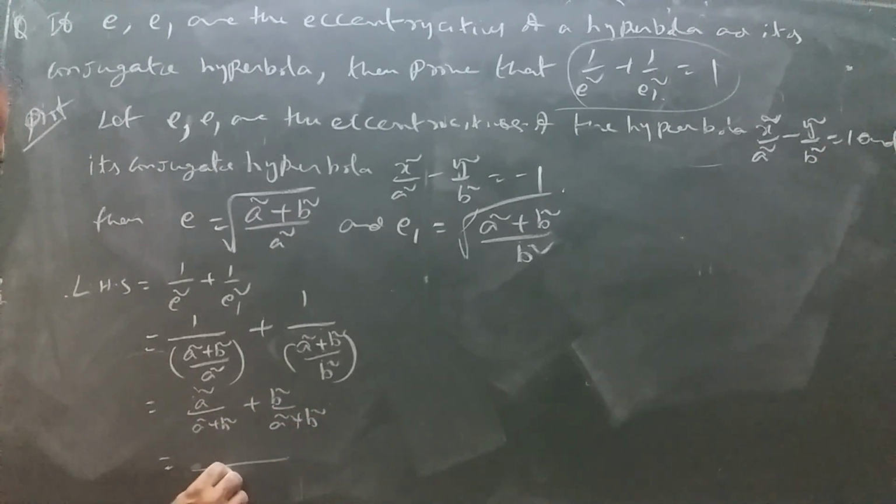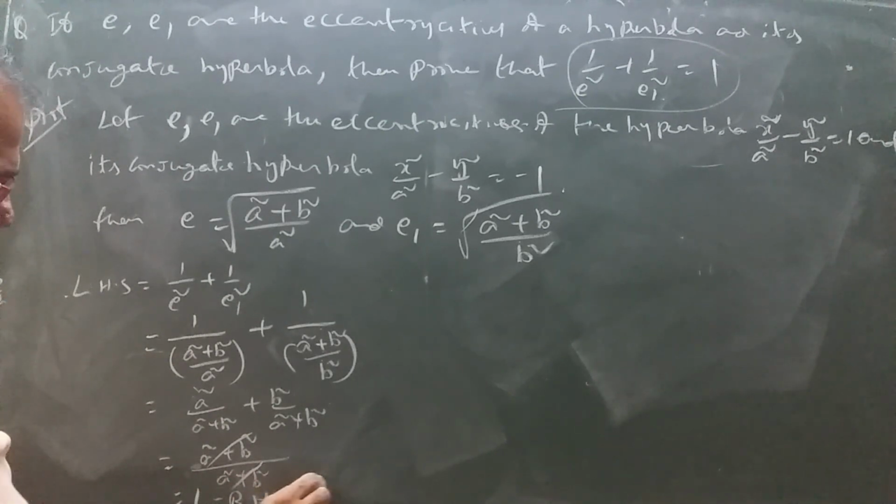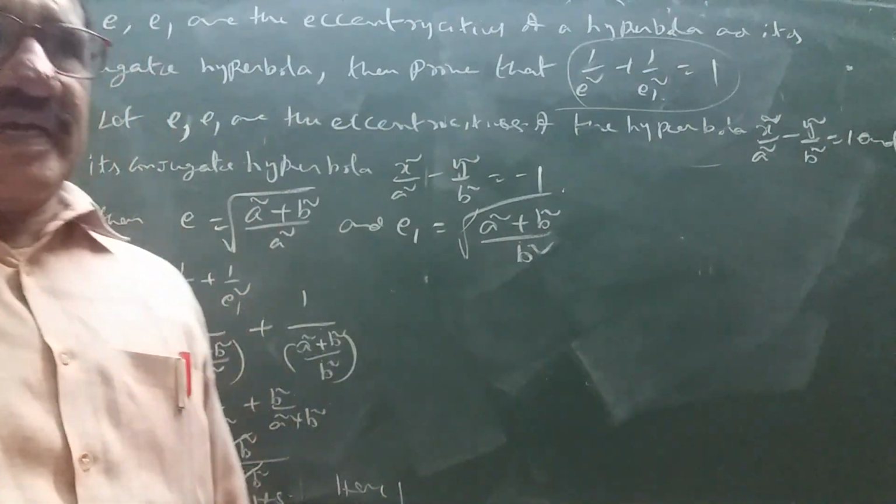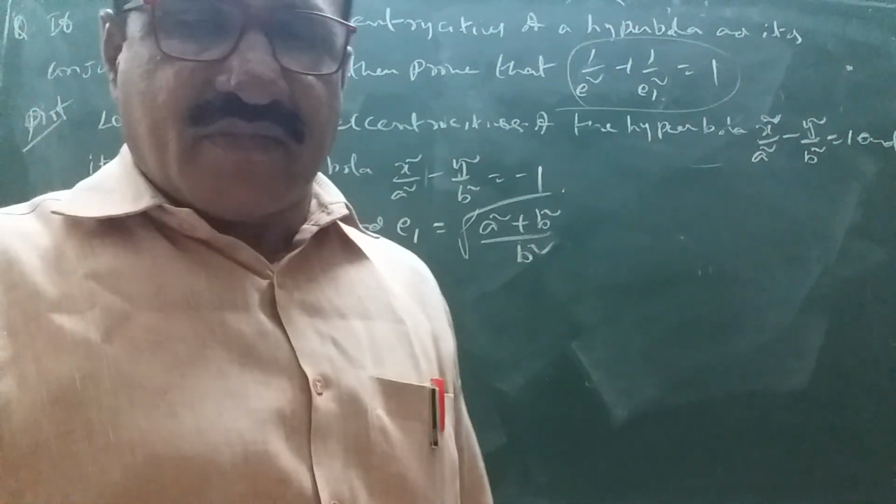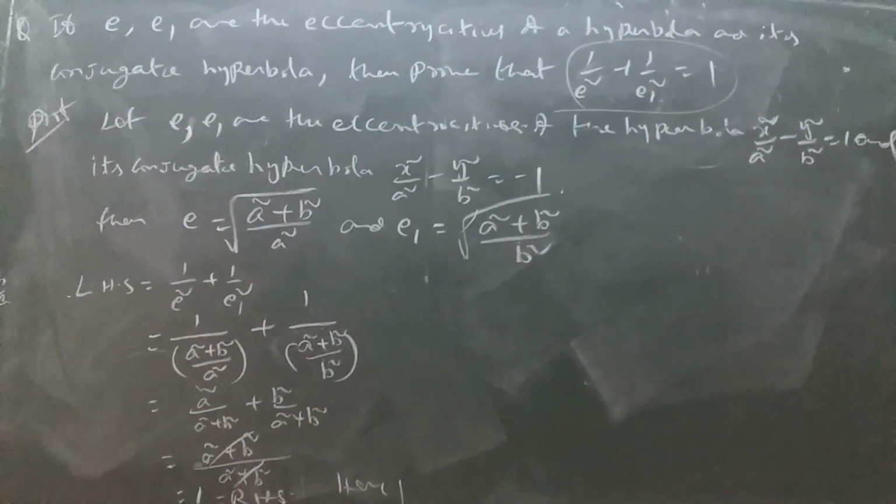By simplification, a square plus b square is the common factor, and a square plus b square gets cancelled, giving 1, which is equal to RHS. Hence proved. It is very easy to get 2 marks in our coming exams. Okay. This is a very important problem we have to know.